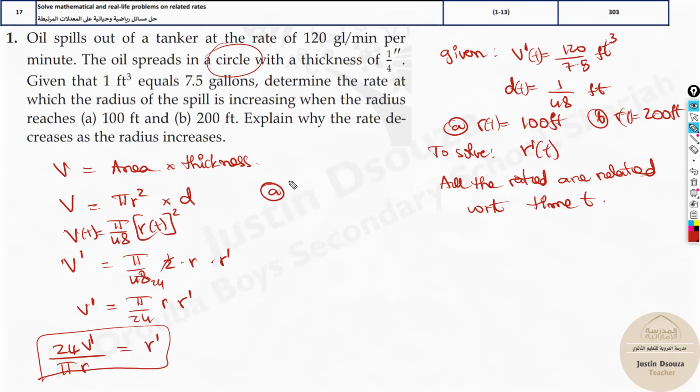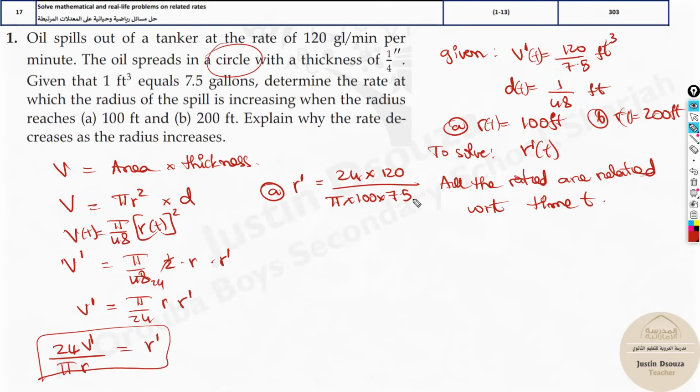Now we have to just substitute all the given values. For the first part, r dash is equal to 24. What is the rate of volume? It's given as 120, divided by 7.5. Now 24 V dash is this, pi into what is radius r? R is 100.